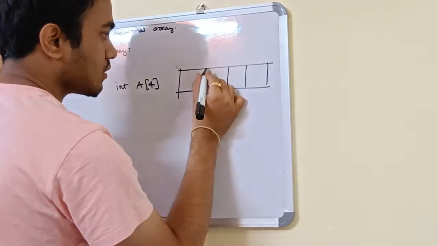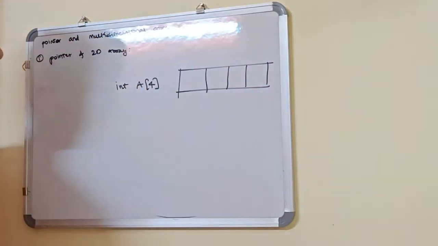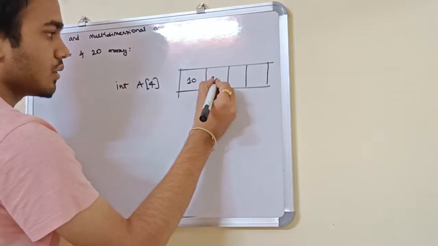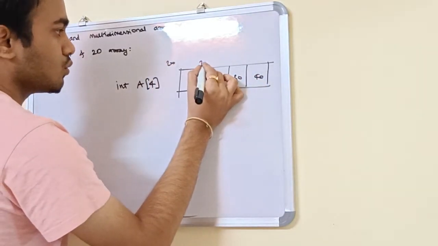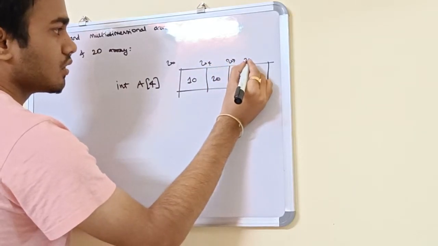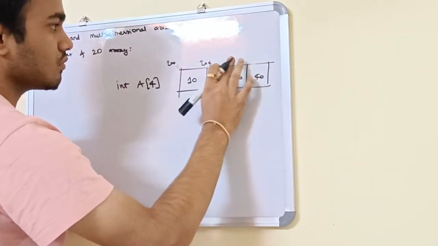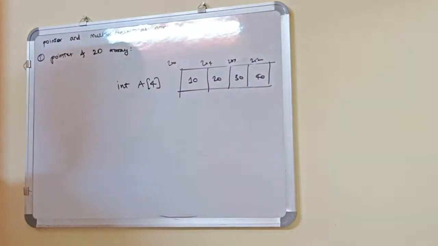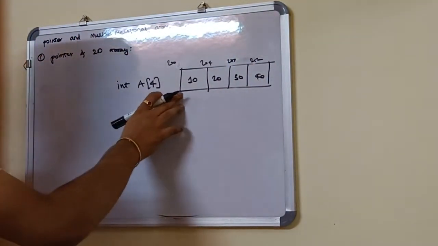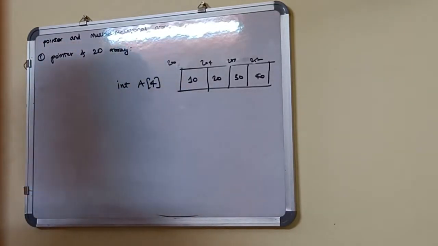This is an array of size 4. Here the elements are 10, 20, 30 and 40. Addresses are 200, 204, 208, 212. Now this is a 1D array of size 4.